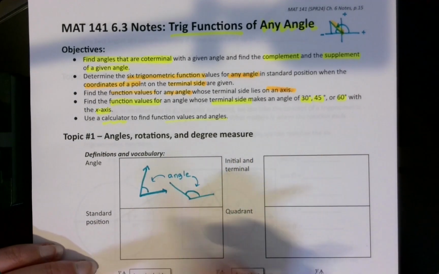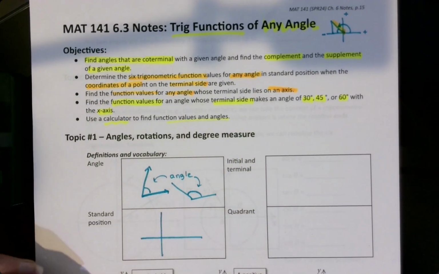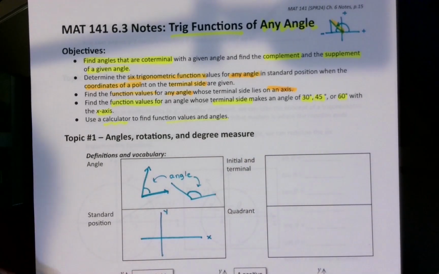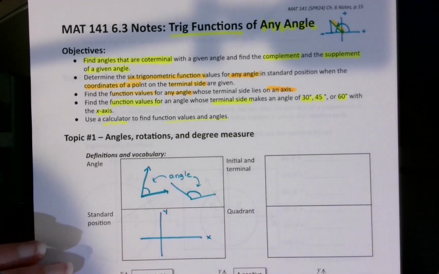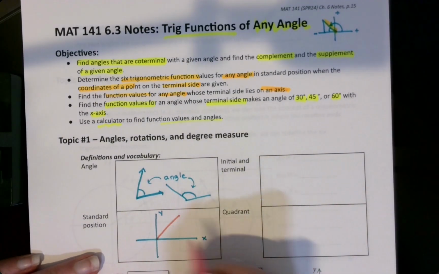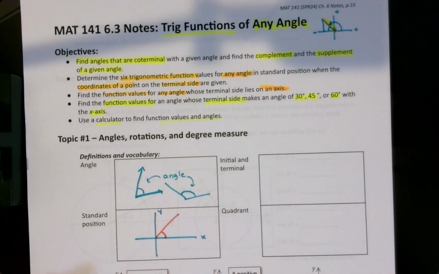And I'm going to relate that to standard position. So when I look at standard position, when we consider our x and y axes, if we draw an angle, so we draw one here in pink, that angle is assumed to be measured from the positive x-axis side.